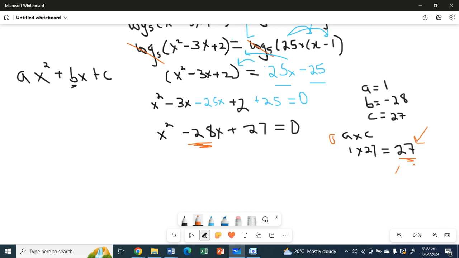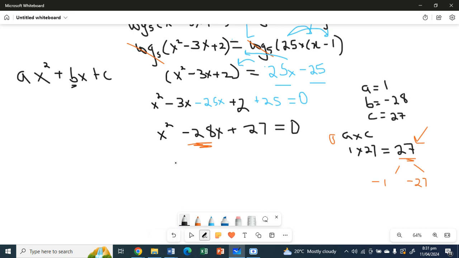So the factors are 1 and 27. And if we make them negative, negative 1 and negative 27, if you add negative 1 plus negative 27, positive and negative make negative. So negative 1 minus 27 will give you negative 28. If you multiply negative 1 by negative 27, you're supposed to get positive 27.